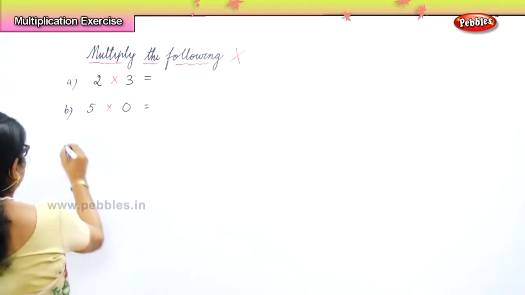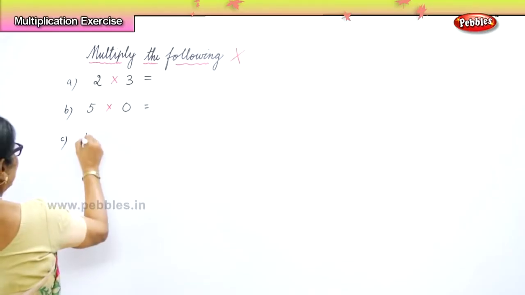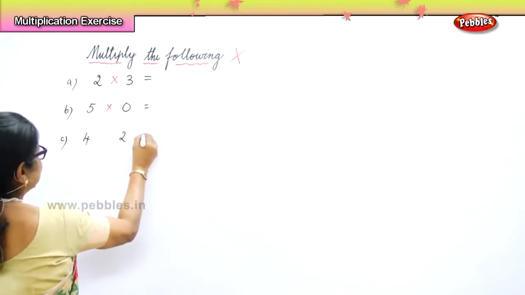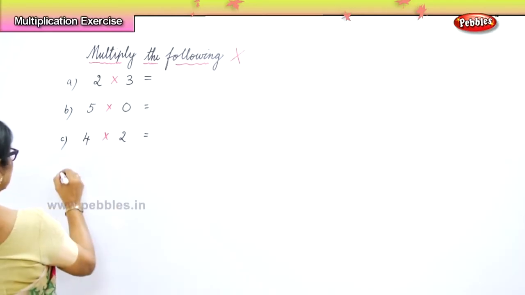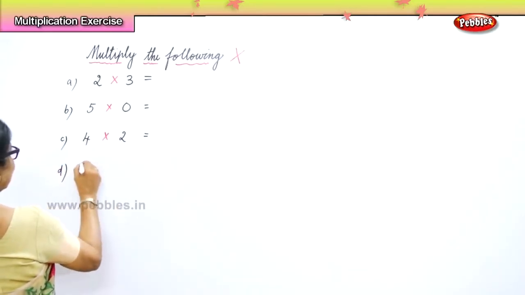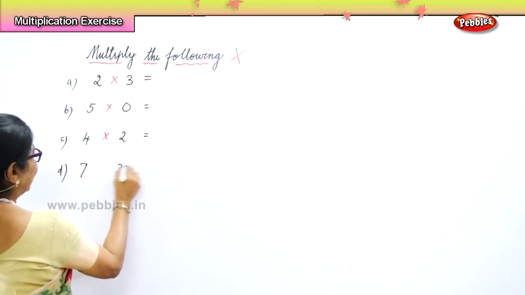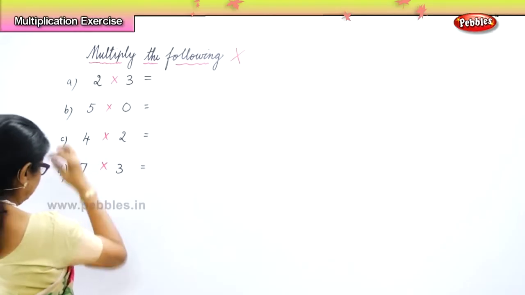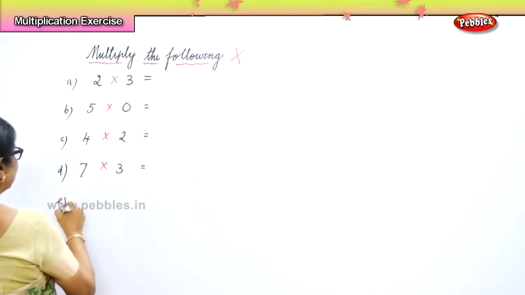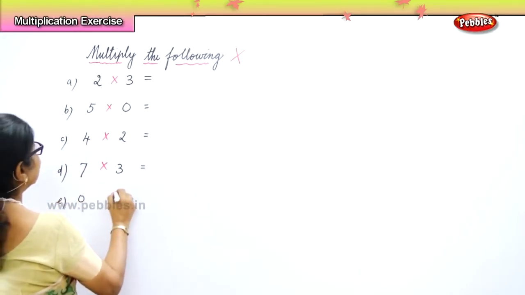Alright? Next. 4 into 2. 7 into 3. 0 into 6.